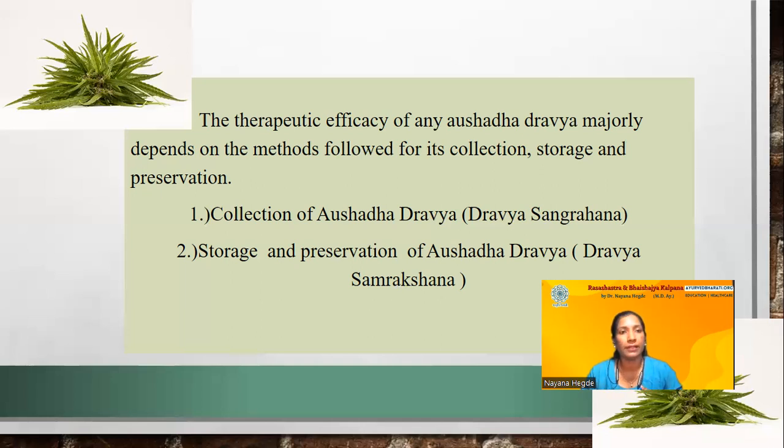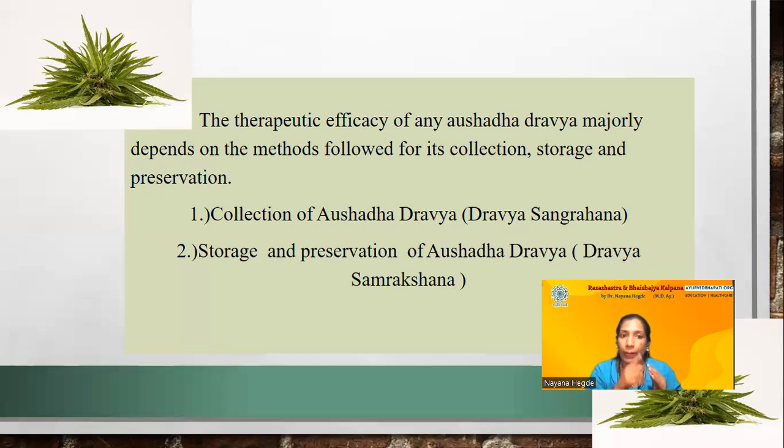Whatever the raw materials we collect might not be available in all the seasons. So whatever is available in this season, we have to collect it properly and store it properly so that we can use it around the calendar. Second point is, in our classics, in the next slide, we are going to study some drugs should be collected in specific seasons.